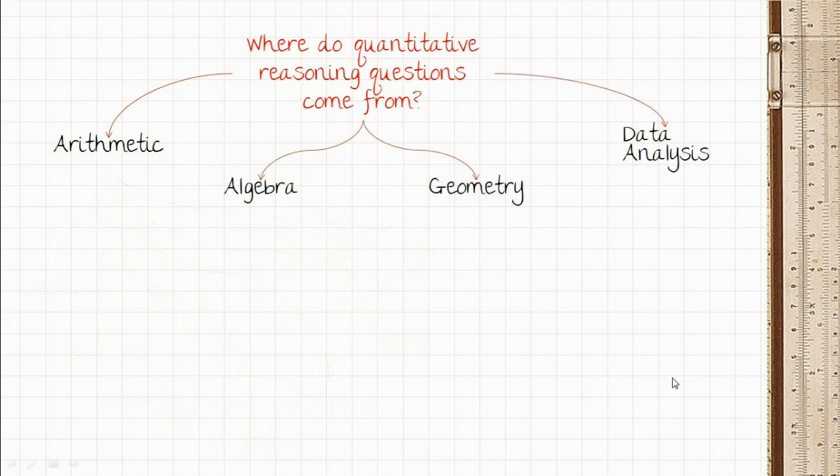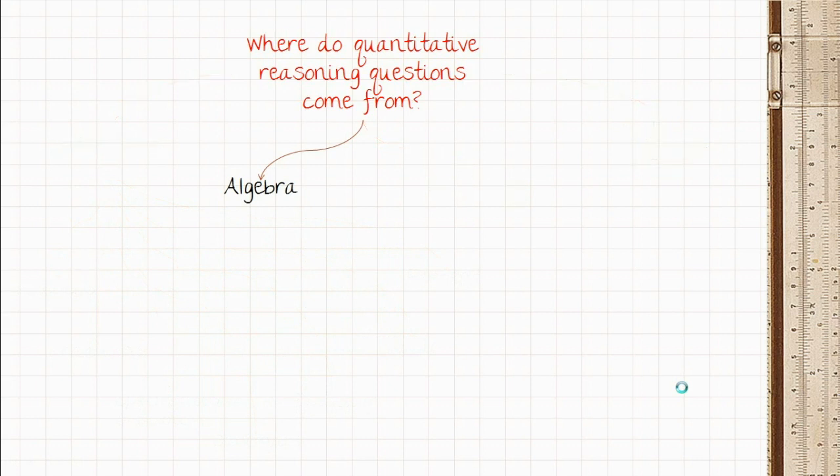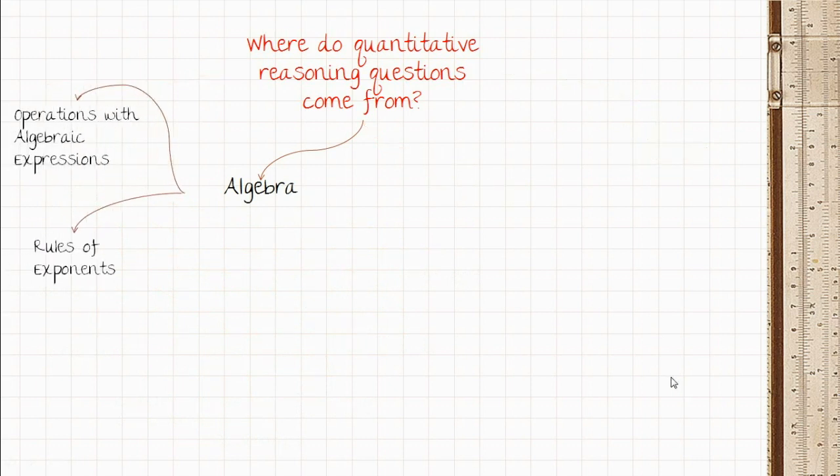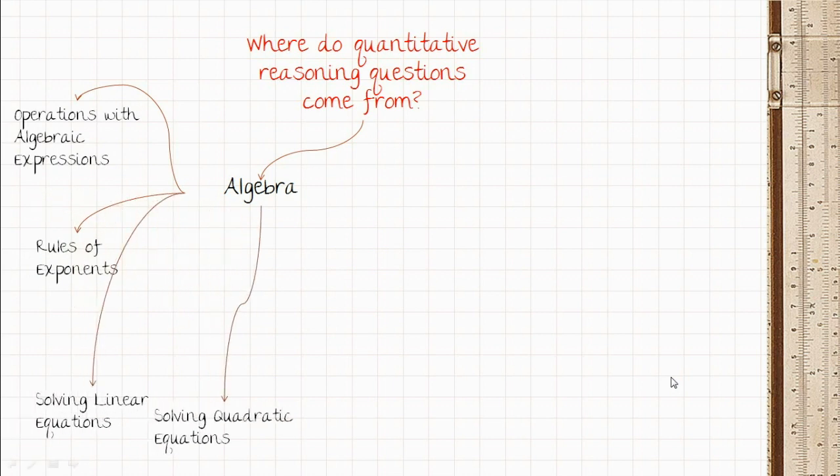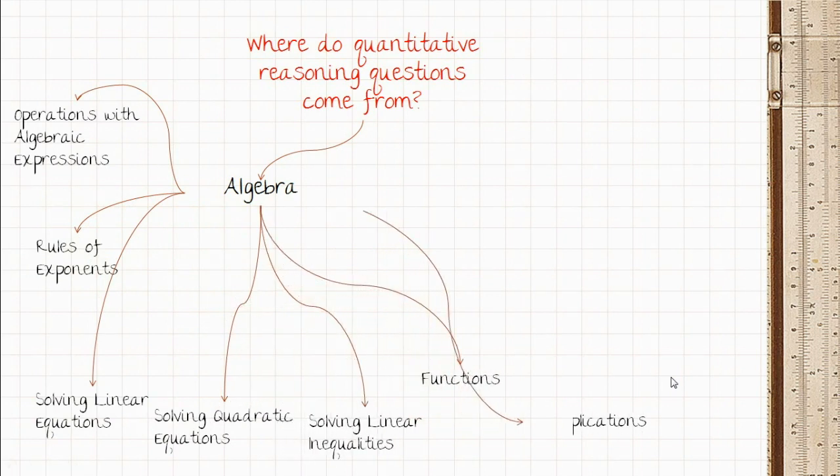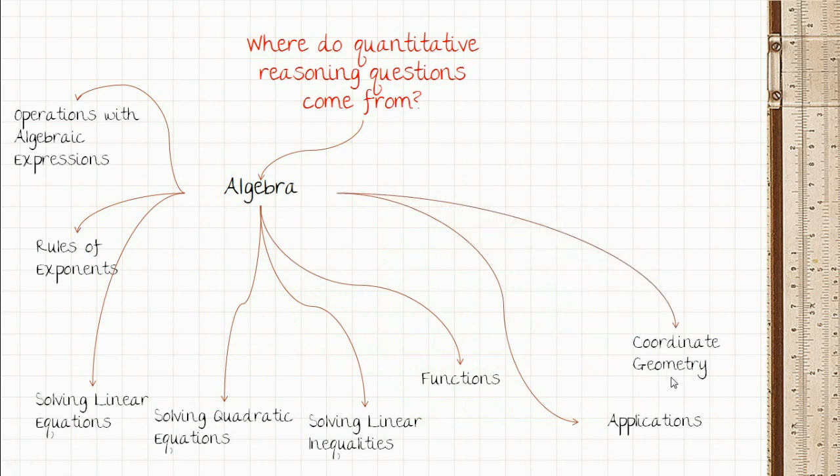And for algebra, there are various subtopics like operations and algebraic expressions, rules of exponents, solving linear equations, solving quadratic equations, solving linear inequalities, functions, applications, coordinate geometry, and graphs of functions.